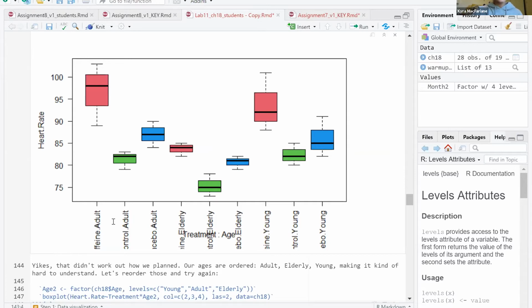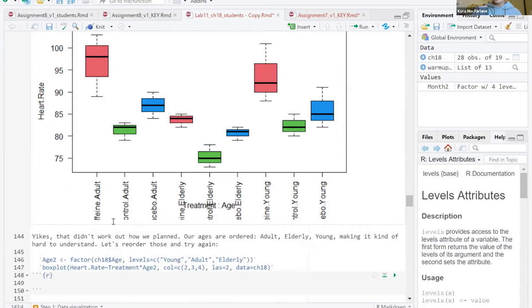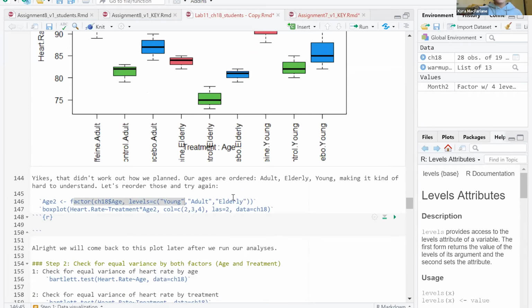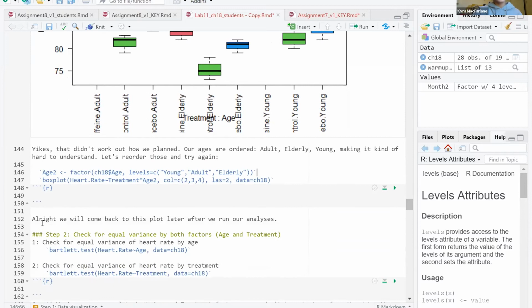So let's use that reordering factor equation that we did for the warm-up so that we can change these levels into young, adult, elderly. Again, this reordering is also kind of optional. I prefer it, and I think it makes these figures easier to interpret. So we'll make our new object called age 2.